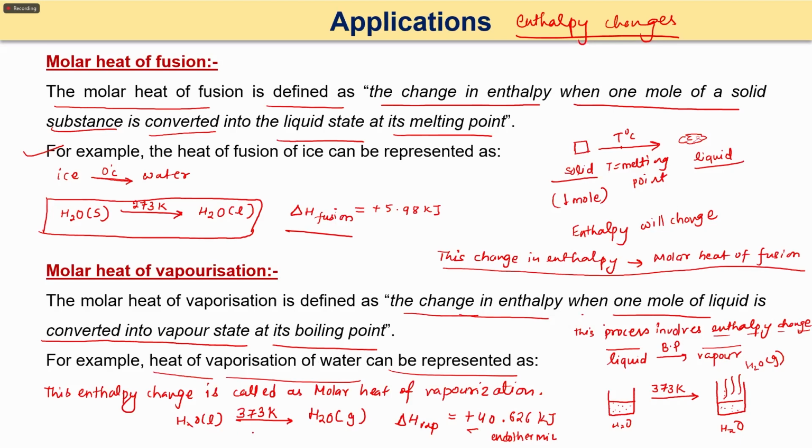In order to observe this change, you will have to provide this much energy. This enthalpy change is called the molar heat of vaporization. These are the terms we use, so you must be familiar with them. When going from solid to liquid, we call it heat of fusion, and from liquid to gas, we call it vaporization.